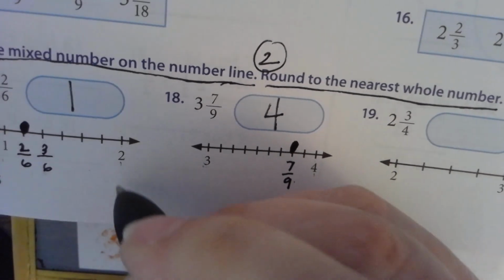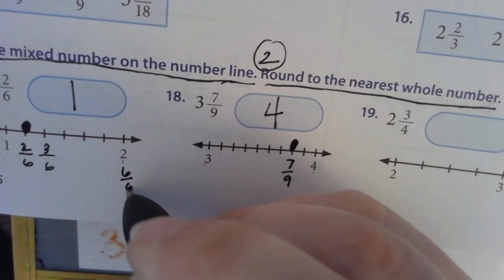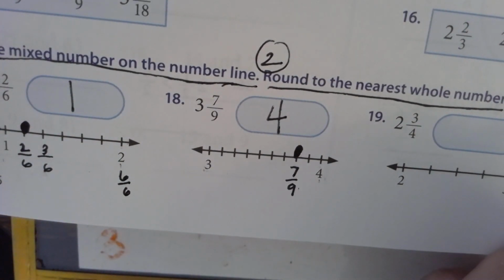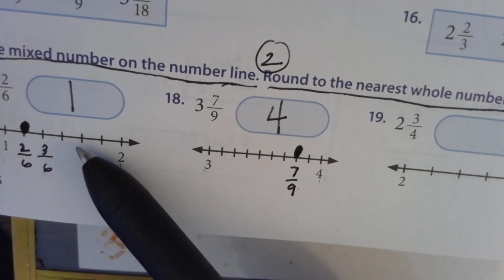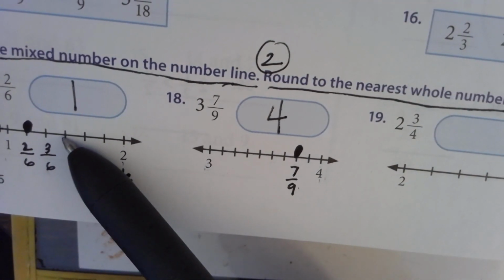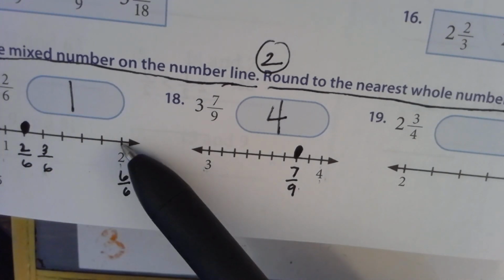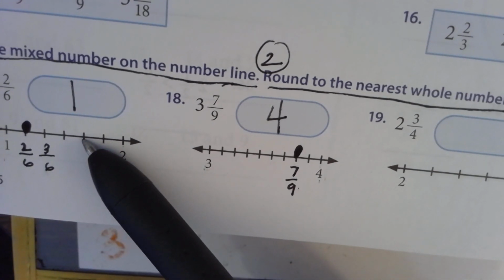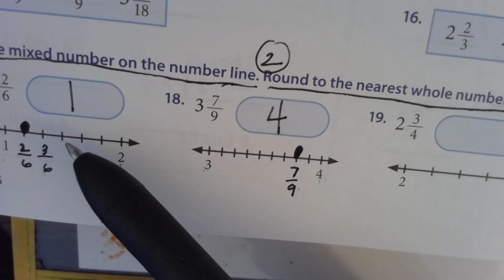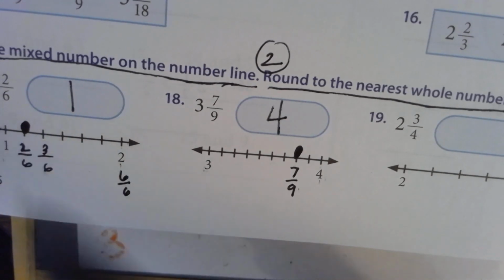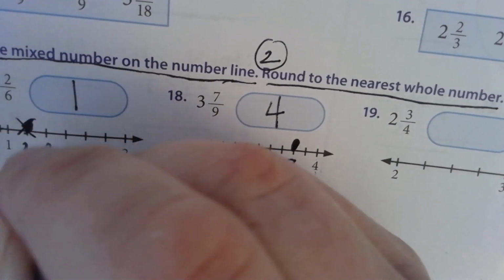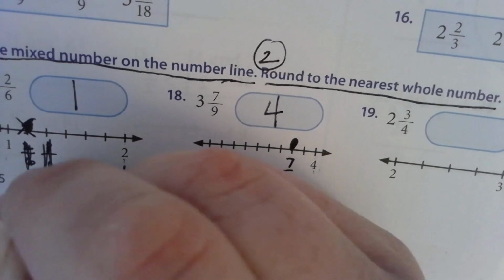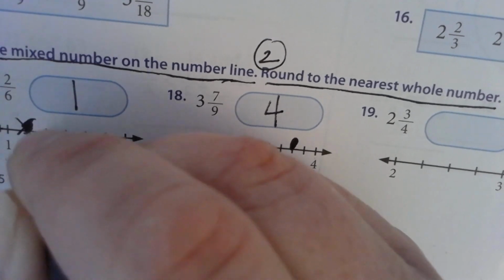When I land on the 2, that should be the 6/6. So if I go backwards, that would be 5/6, 4/6, 3/6, 2/6, 1/6. Yes, she's correct. So it should be over 1. She's absolutely right. It should be here.